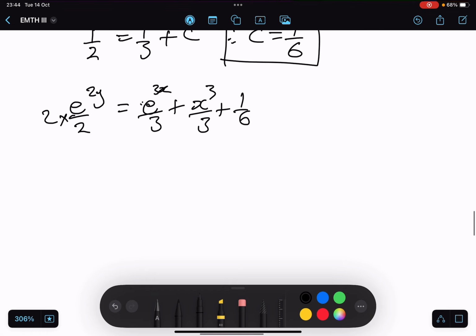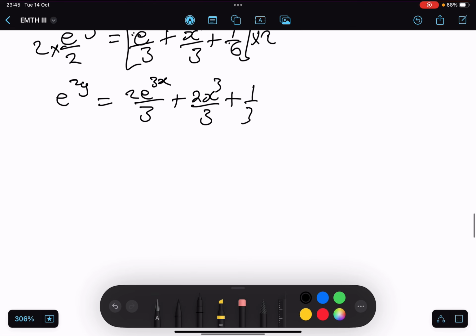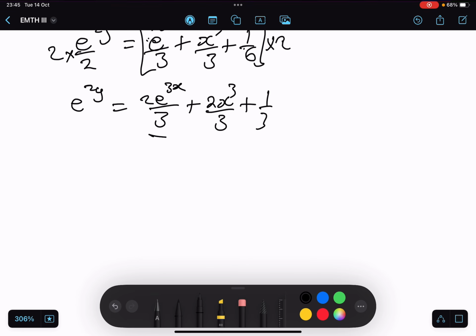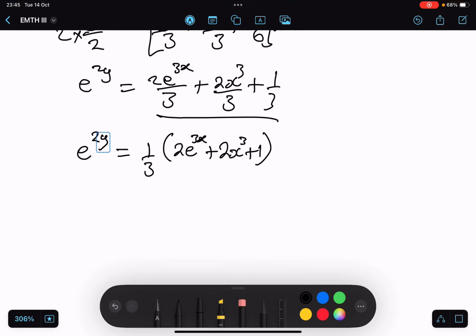If I multiply both sides by 2, I'm going to have e^(2y) equals 2e^(3x) over 3 plus 2x cubed over 3 plus 2 over 6, which is 1 over 3. Now I can write this as a single fraction, simplifying the expression: e^(2y) equals 1 over 3 times (2e^(3x) + 2x cubed + 1), right?